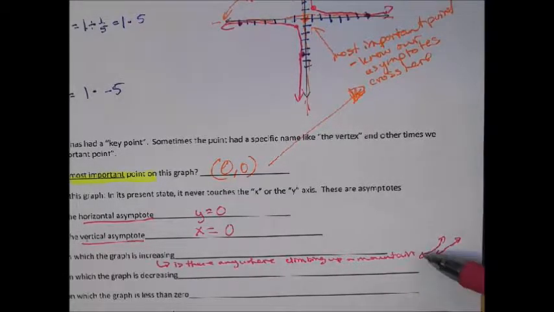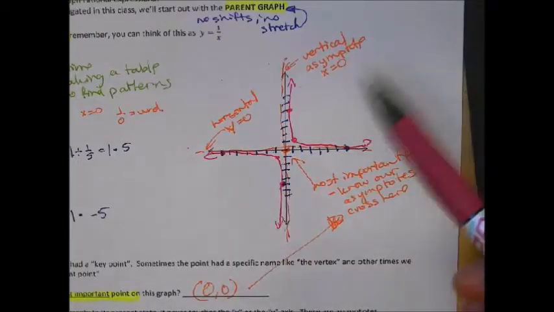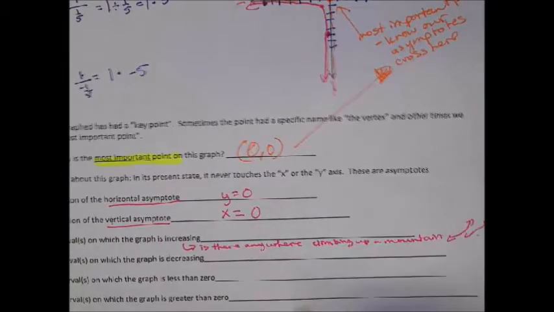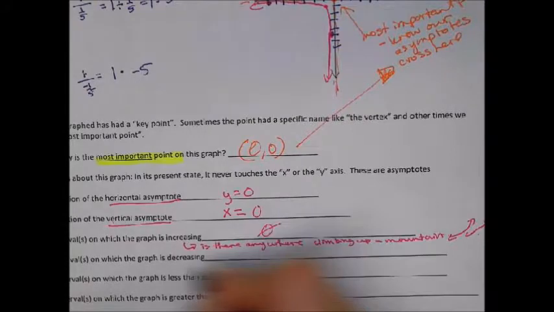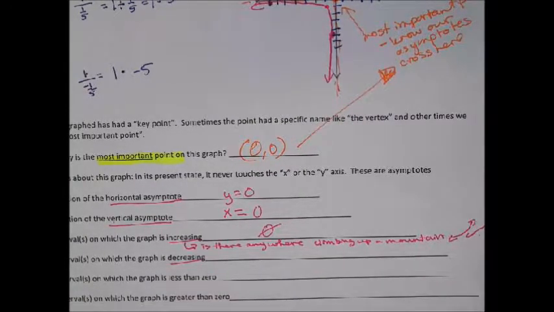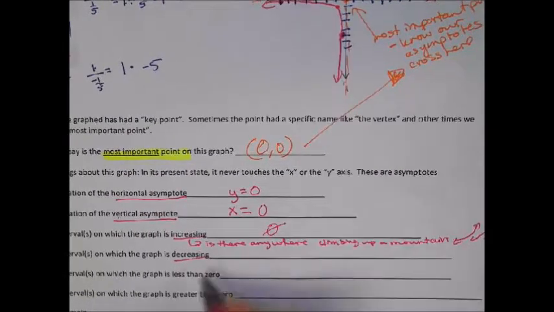We're looking left to right and going up. If I look left to right, this is sliding down, sliding down. So we're not increasing anywhere. And then decreasing, is there anywhere that we're sliding down?